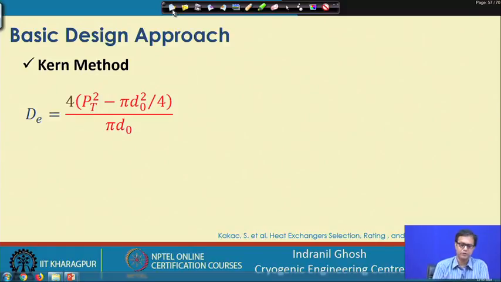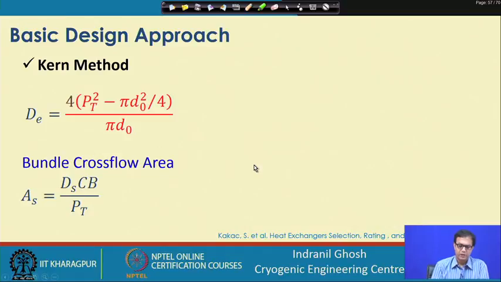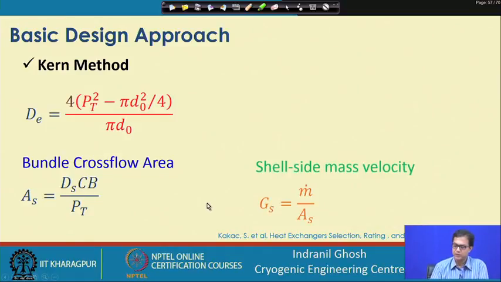Now, this is the bundle cross flow area and this is the shell side mass flow velocity. This will also appear in our calculation.